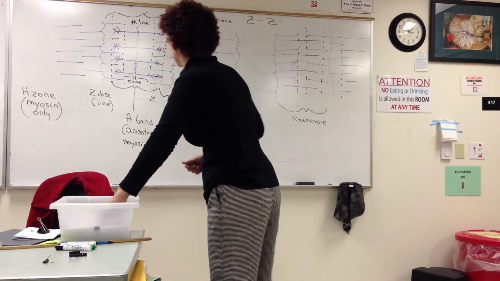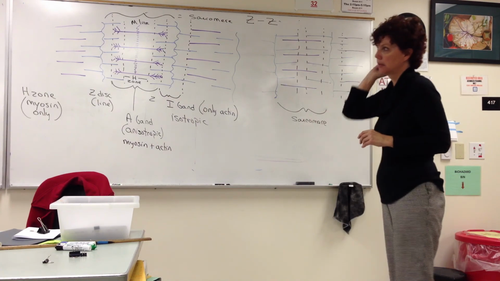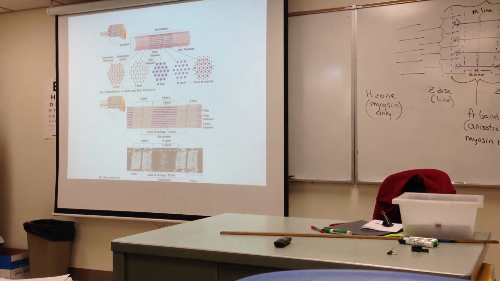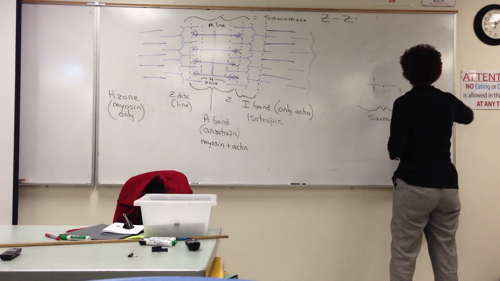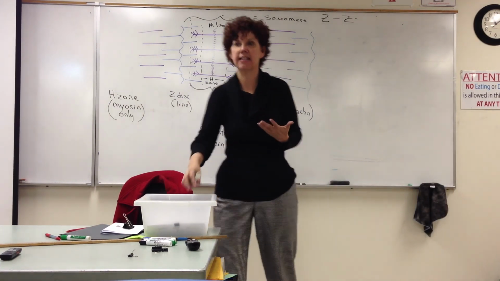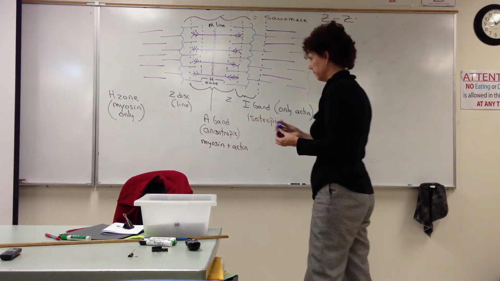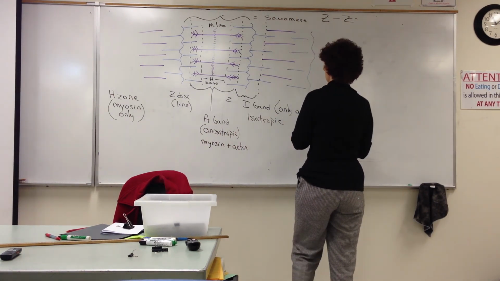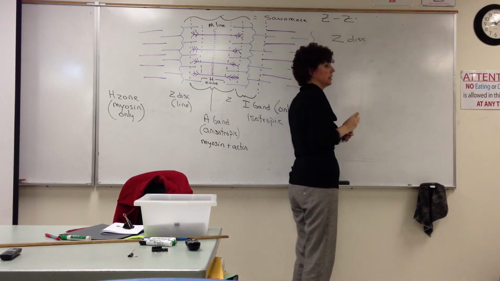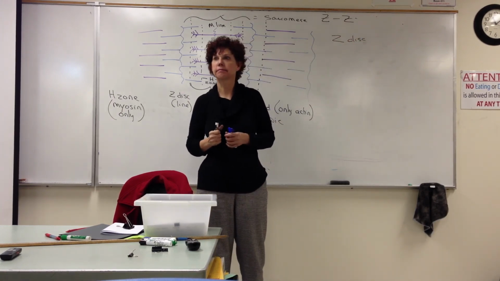Now, if we look at this image, or here's probably a few more, a cross-section through the sarcomere is going to show up different components. Again, this should make sense if you recognize what structures overlap. So if I do a cross-section through the Z disc, am I going to see any myosin?